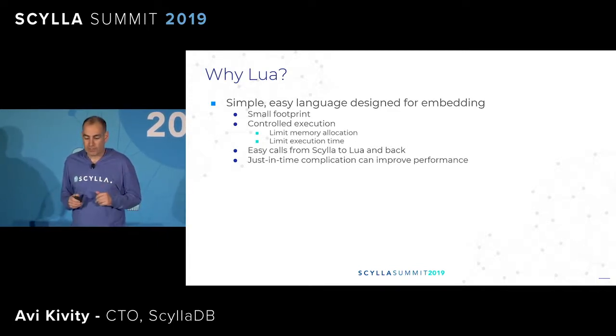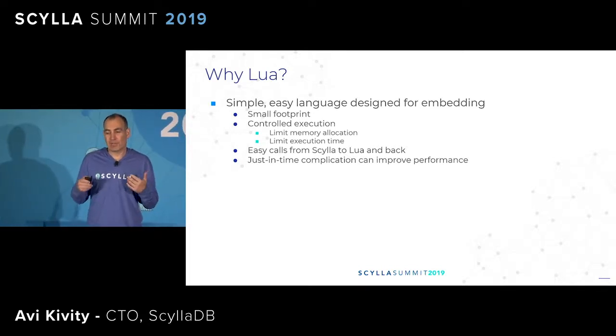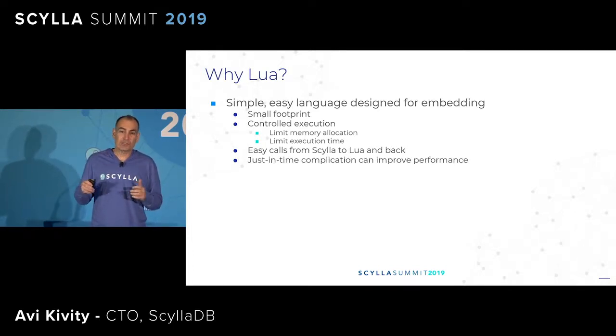Scylla, like we told you many times over this summit, can run multiple workloads concurrently, and you don't want some workload that is running a user-defined function to start impacting latency over a different workload that is running concurrently.